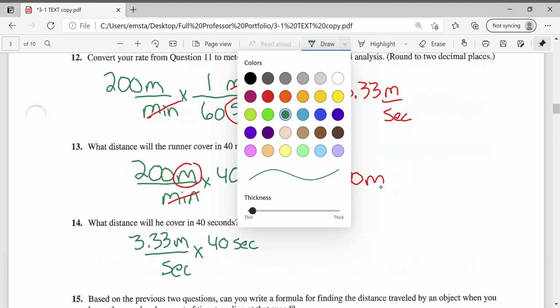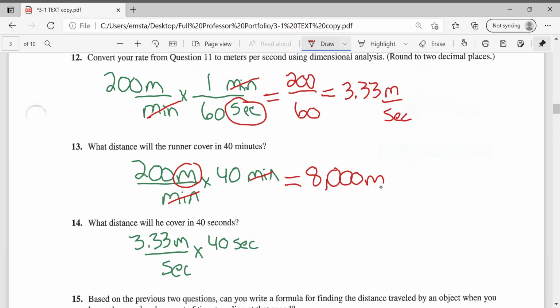You'll notice again that seconds will cancel out. I will be left with meters, which just makes me happy. It's where I want to be. So go ahead and do the arithmetic now. Take 3.33 times 40 on your calculator. You should get that our runner goes 133.2 meters.